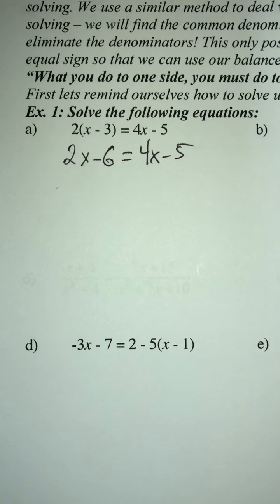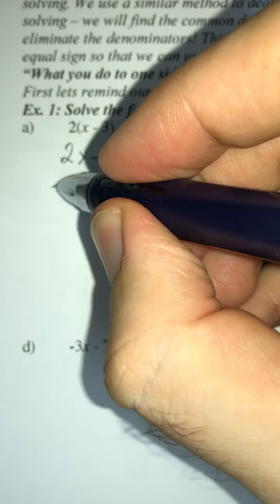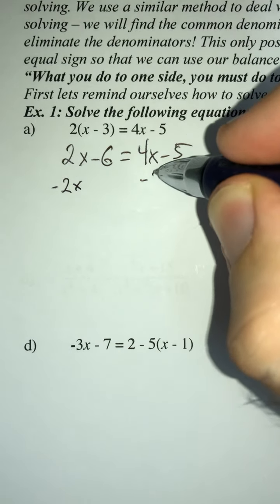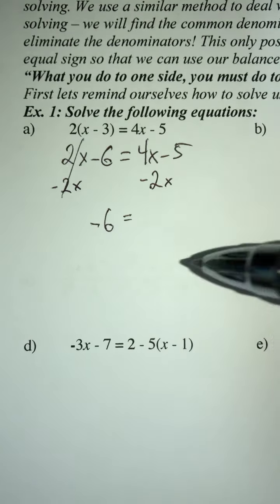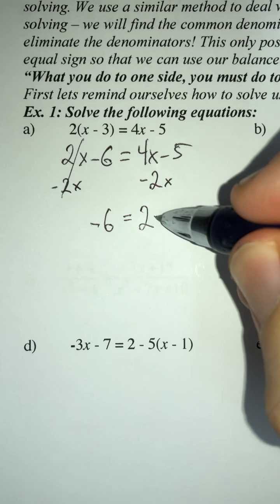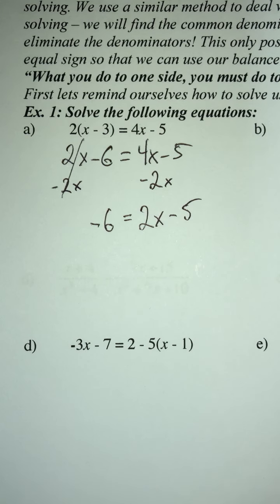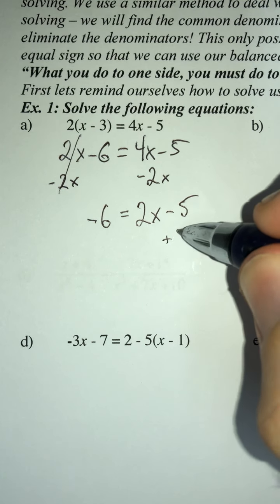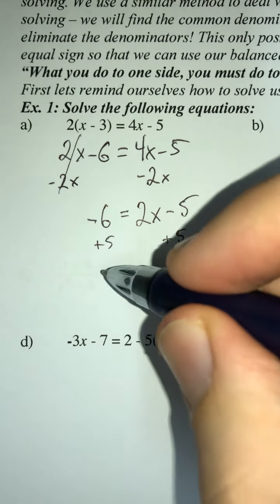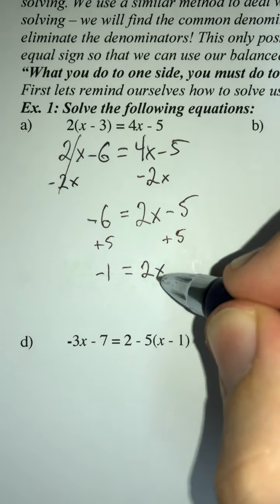I'm going to show you the steps for the first one here, but for the next I'm not. So minus 2x from both sides of the equation. This cancels. You get minus 6 equals 4x minus 2x is 2x minus 5. Then I need to get rid of this 5 onto the other side, so add 5, add 5. I've got minus 1 equals 2x.